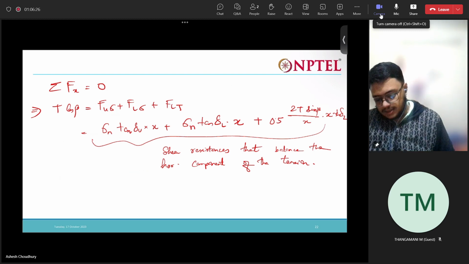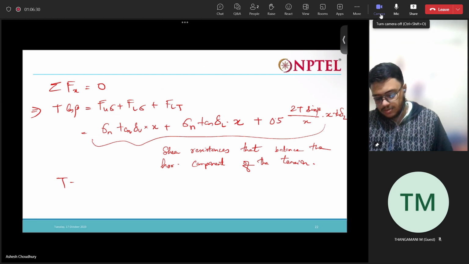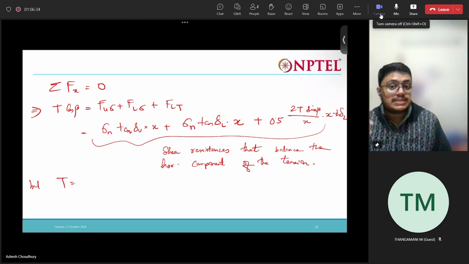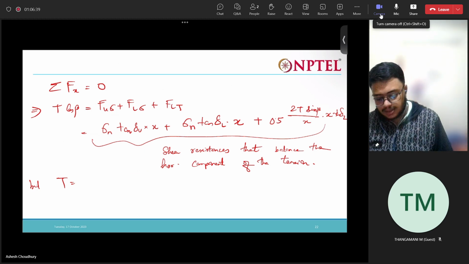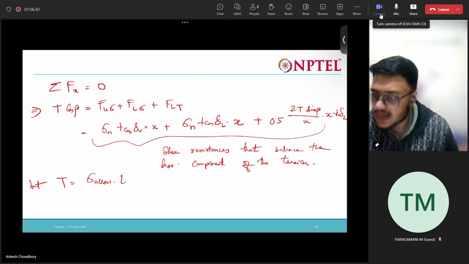So this T can also be written as, what is the maximum value of this T? What is the maximum value that the geomembrane can take? That is the allowable stress multiplied by the thickness. T allowed by thickness.